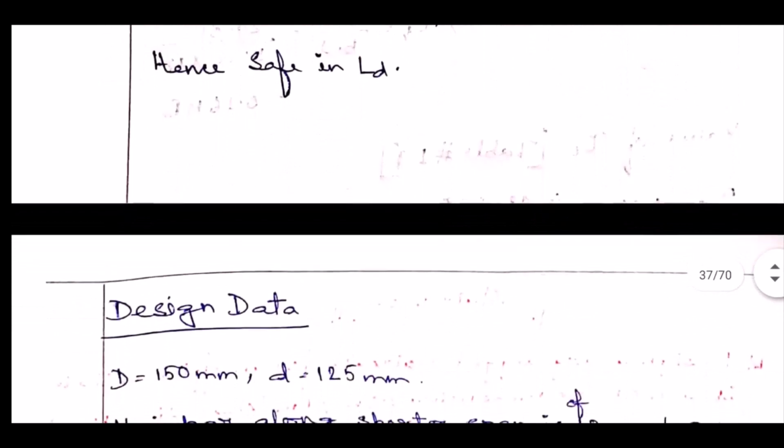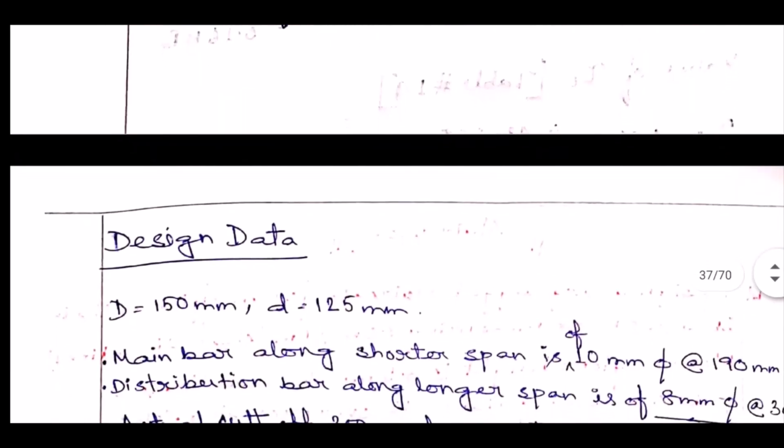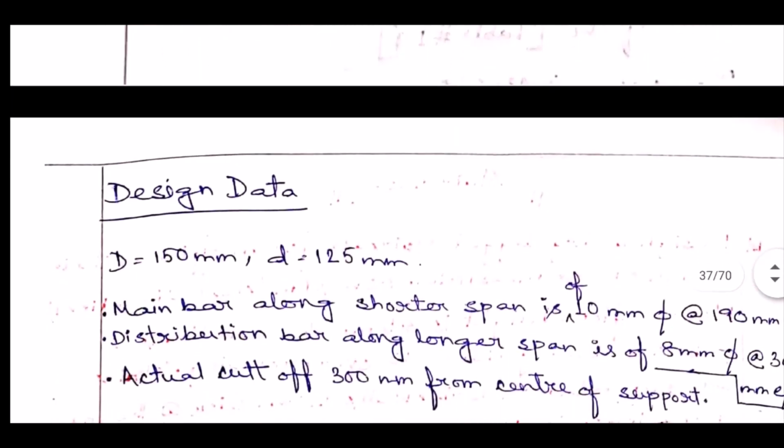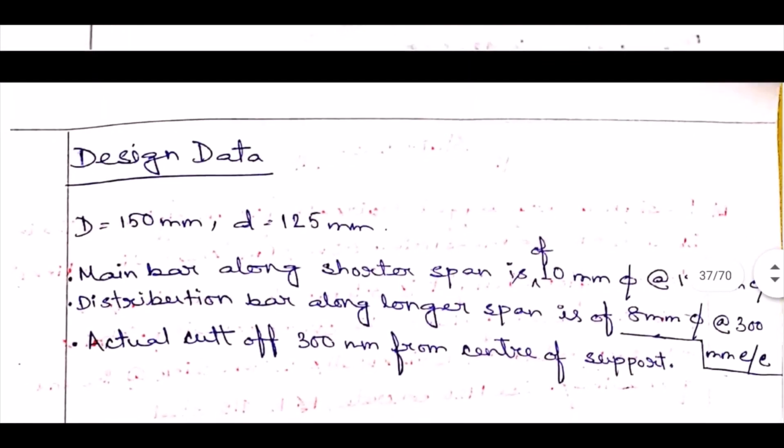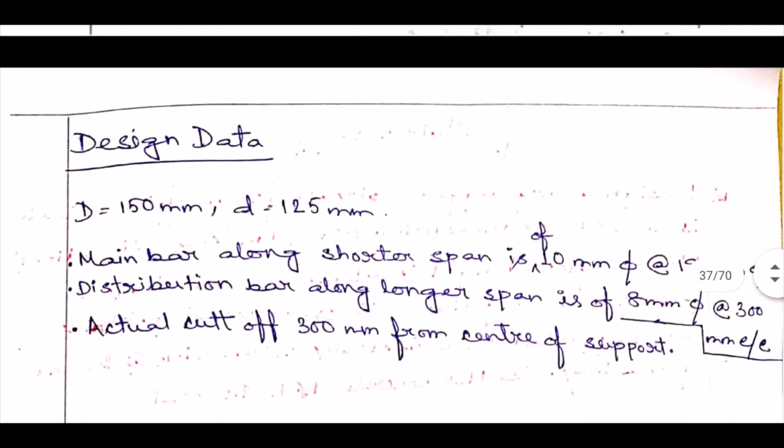The next step is we have to write the design data. So all design calculation is done. We have completed all the checks. So now it is time to write the design data. After that we have to draw it.